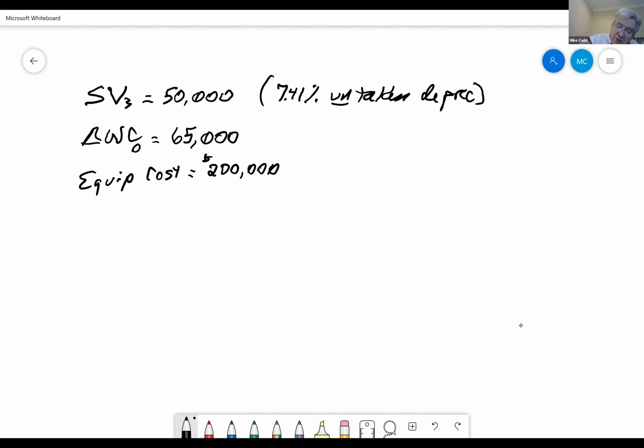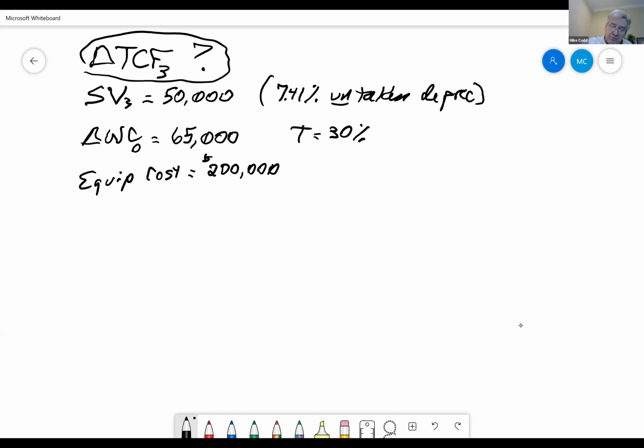And Wind's tax rate was 30%. And what we're after here is the terminal cash flow in year 3. That's what we're being asked to find.